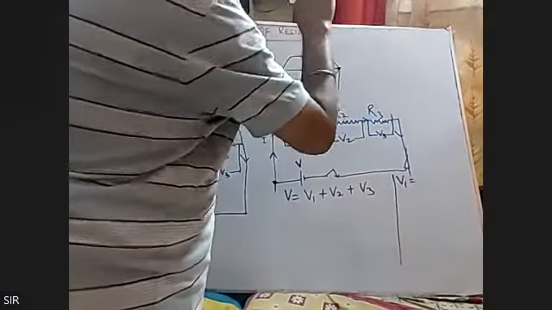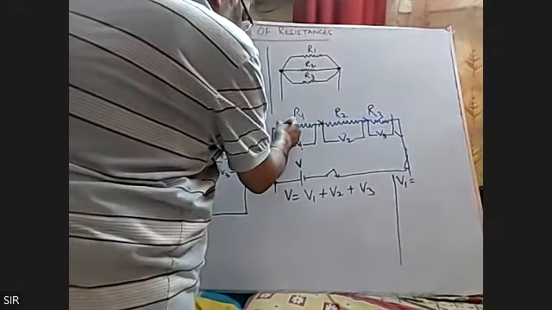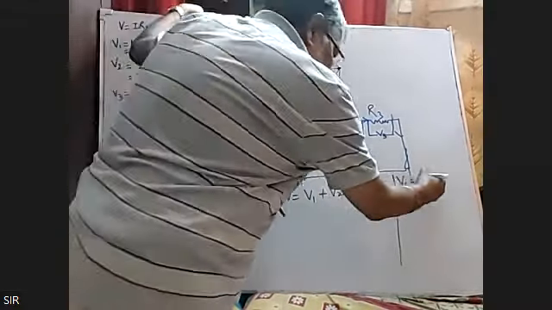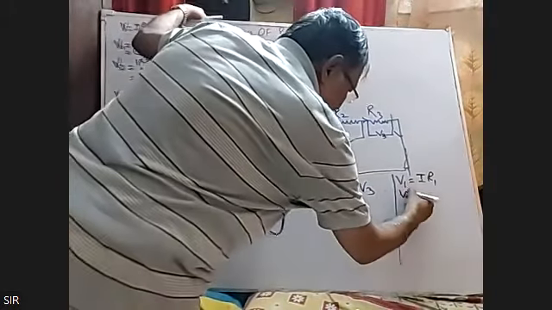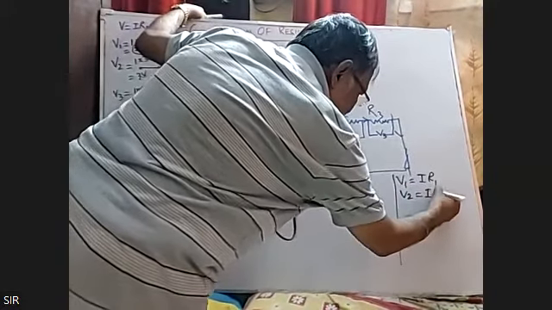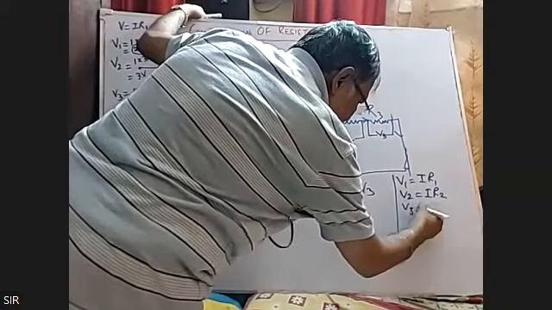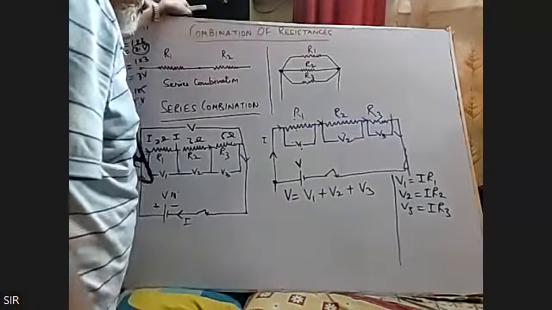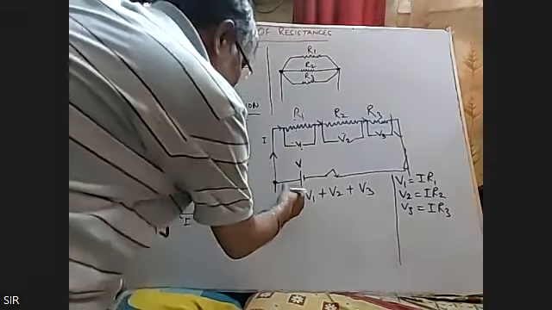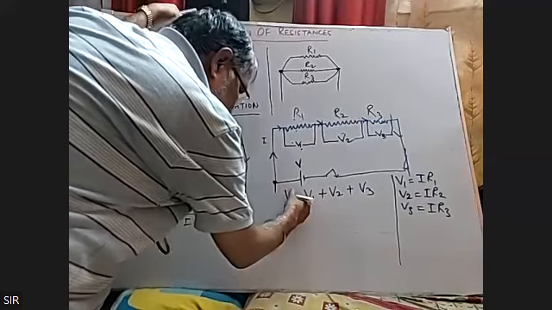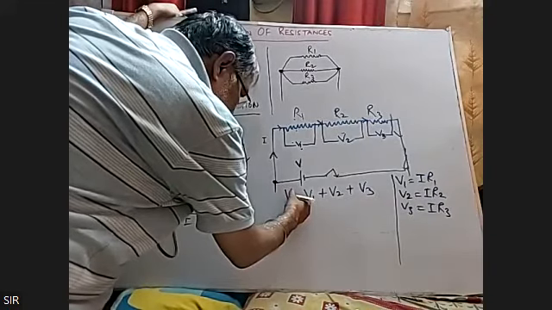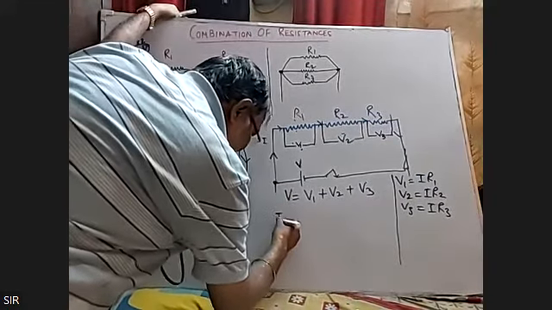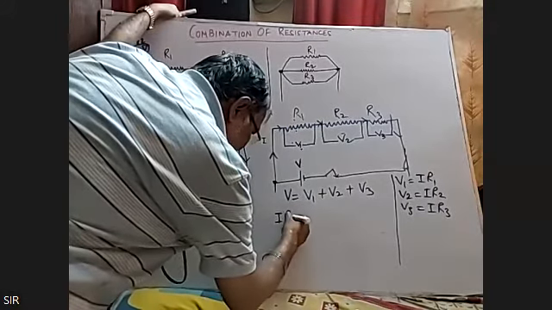Using Ohm's law, don't you think it will be IR1? Similarly, V2 will be IR2. V3 will be IR3. So I common: I times R1 plus R2 plus R3. Now, this is the equivalent voltage, na? So can we write R equivalent?